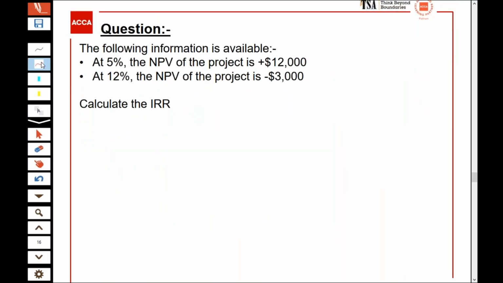This is the higher NPV, capital A. This is the lower NPV, capital B. This is small a and this is small b. So you just have to find out the higher and the lower amounts.